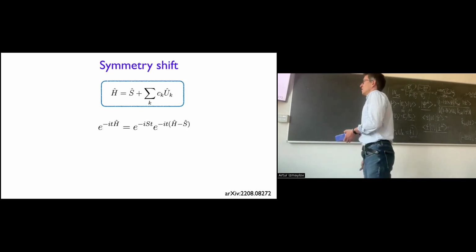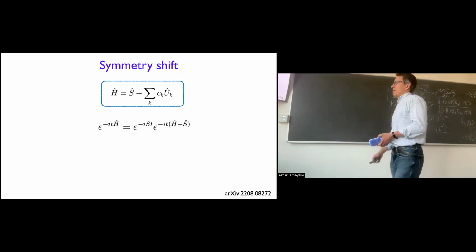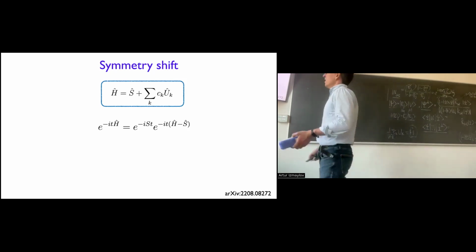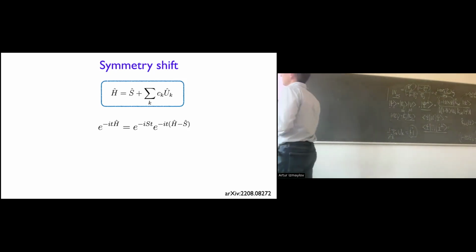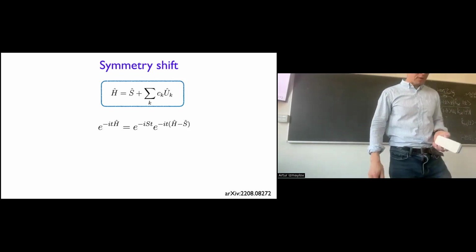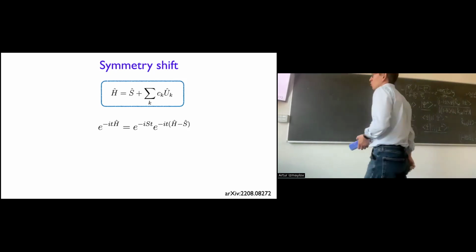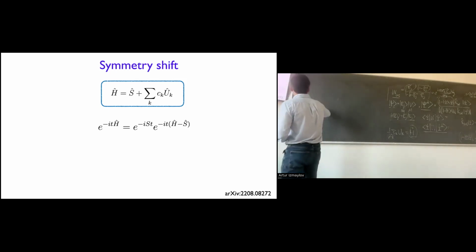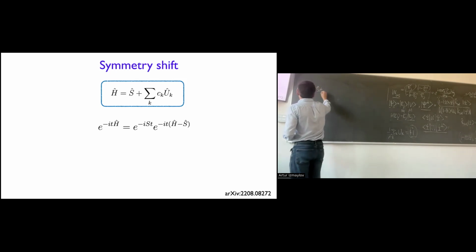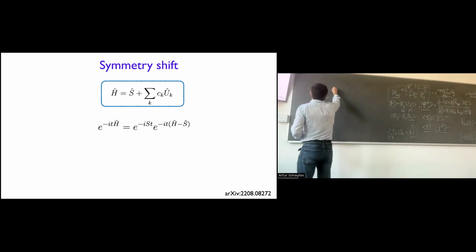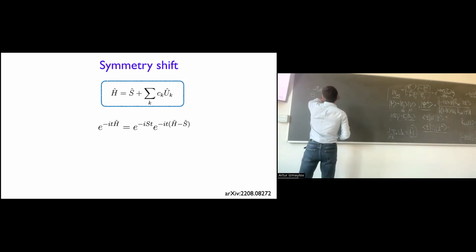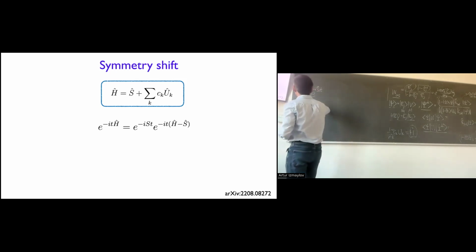Why this is useful is because after all we are getting the phase, and getting the phase could be done by applying this shift to the Hamiltonian, and if we have the symmetry operator, since the symmetry can be moved around, it's commuting with everything, like with the Hamiltonian, mostly H minus S, right?